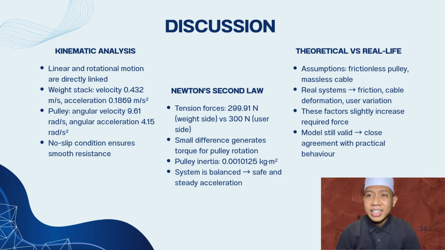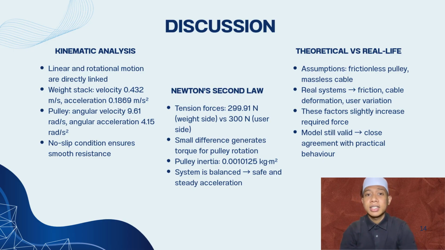This small difference in tension was enough to generate the torque required to rotate the pulley and overcome its inertia of 0.0010125 kgm². The close balance between applied force and gravitational load shows that the system is well controlled, producing safe and steady acceleration. This demonstrates how force transmission in a pulley system can be explained effectively using Newton's principles.